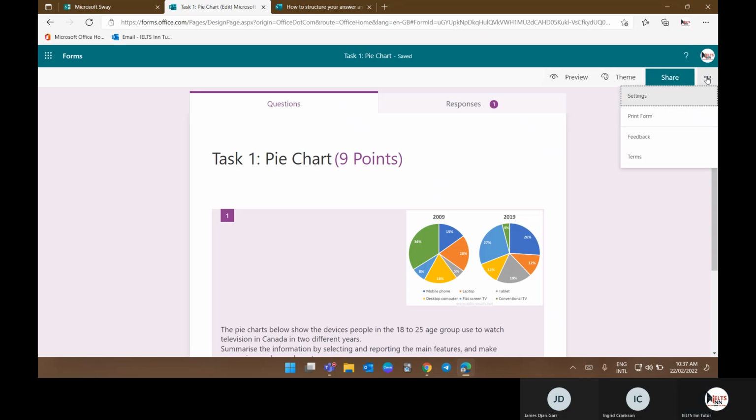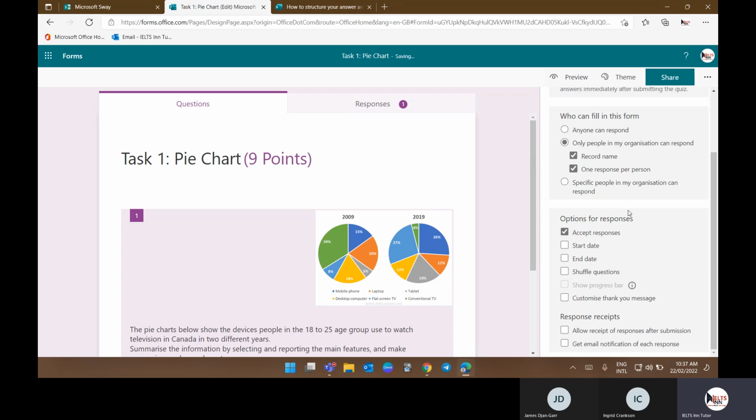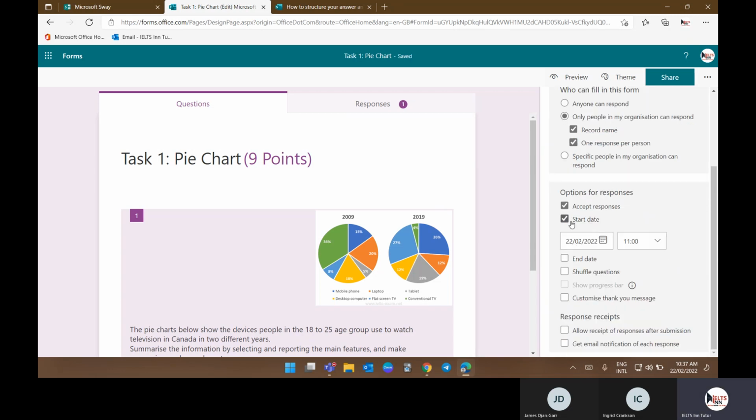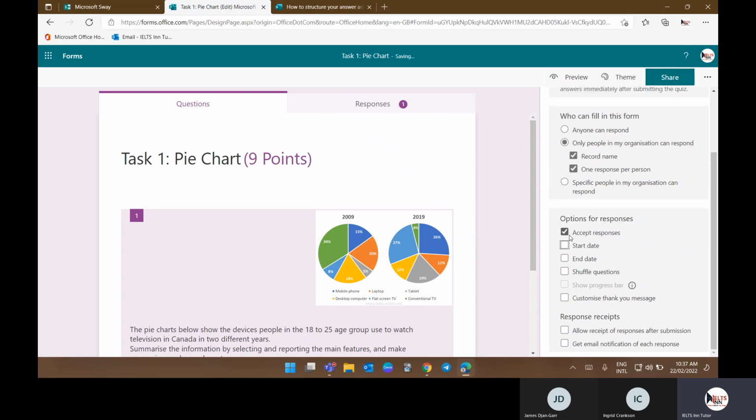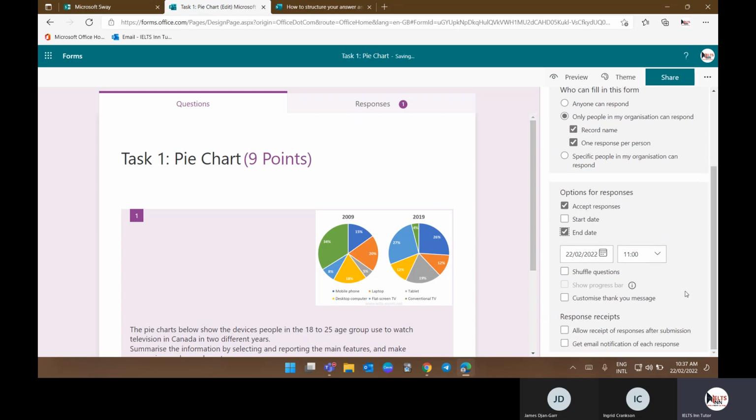Settings, start. What is the time now? It's 10:37, right? So at 11, yes.